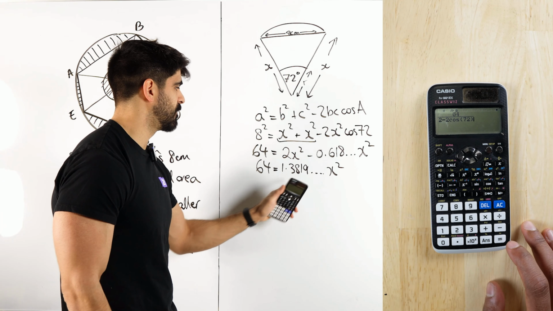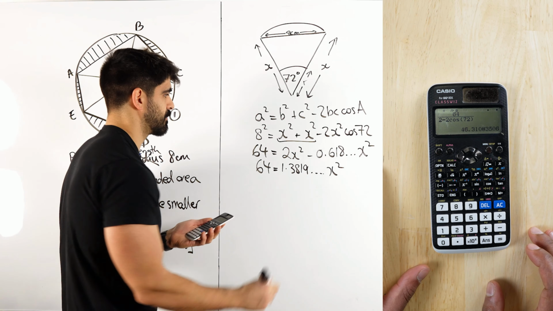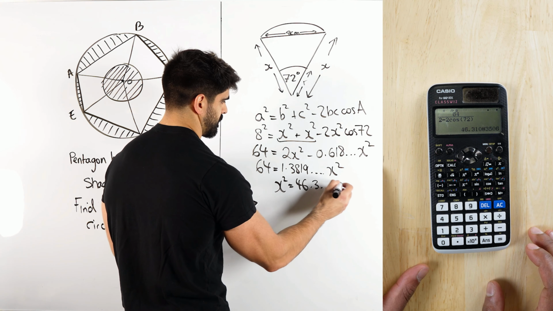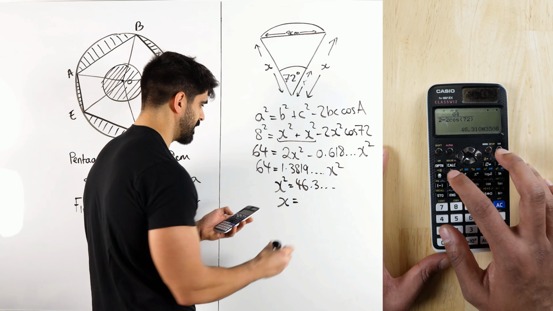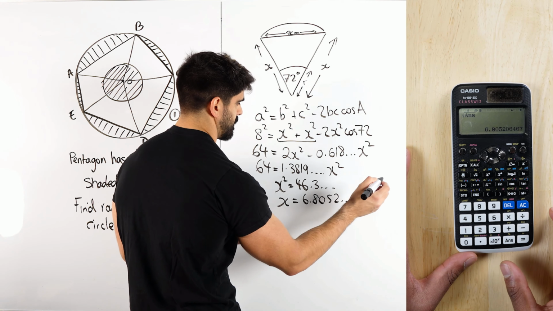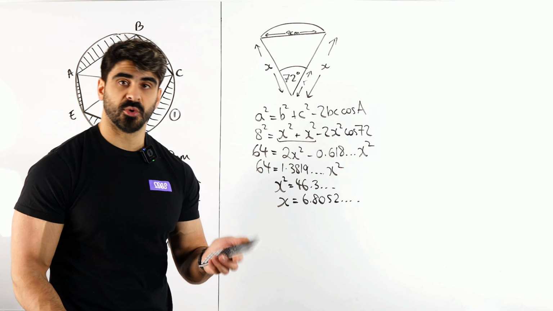Yeah, I'm going to do 64 divided by answer. I get 46.3. X squared is 46.3... So x, we're going to root that answer, about 6.8052. Now, I recommend you store this value.